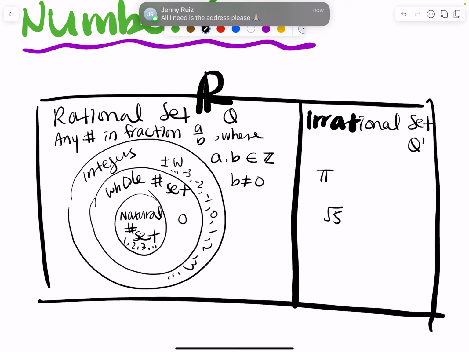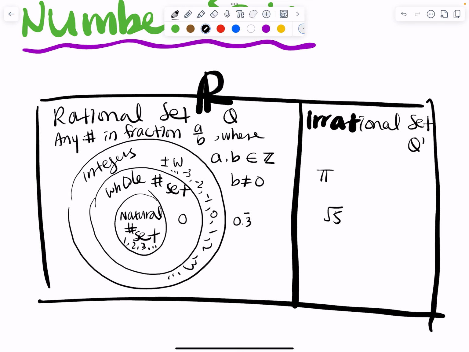Repeating decimals are all rational numbers. So 0.3 repeating, we said in class, is actually 1 over 3. That is a fraction, so it is a rational number. That confirms that all repeating decimals are rational, because they can be written in fraction form.